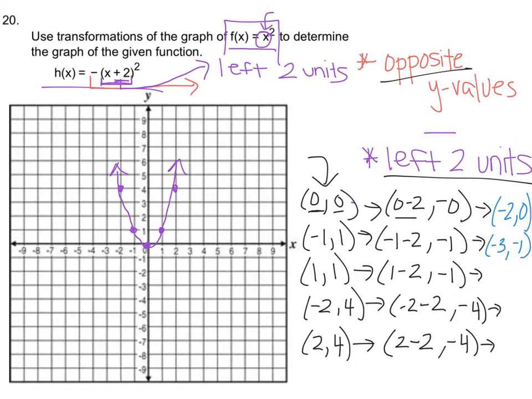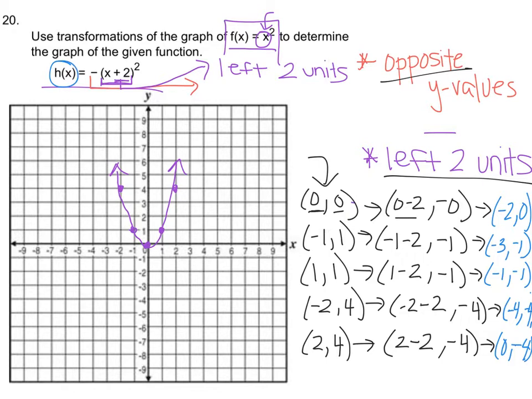Then 1 minus 2 is negative 1, and also negative 1 for my y. Then negative 2 minus 2 gives me negative 4 with negative 4. And then 2 minus 2 is 0 with negative 4. So these blue ordered pairs represent my new ordered pairs of my transformed function, which is h of x.